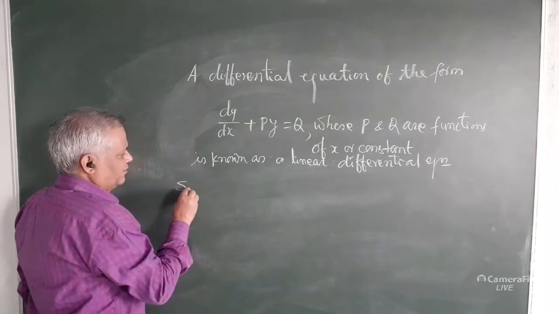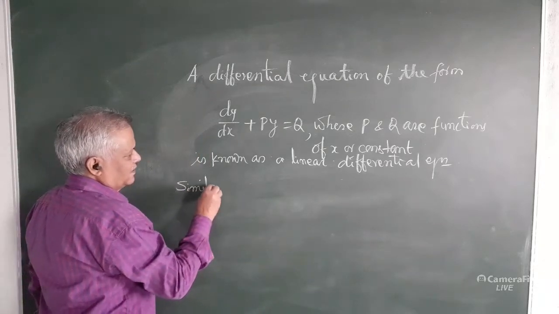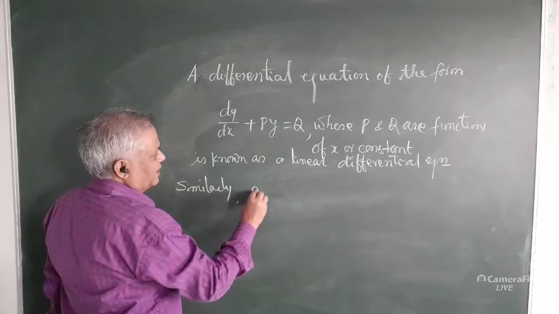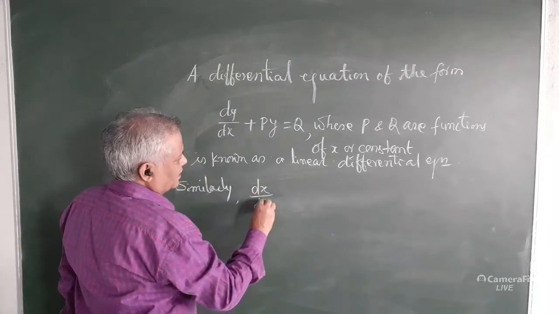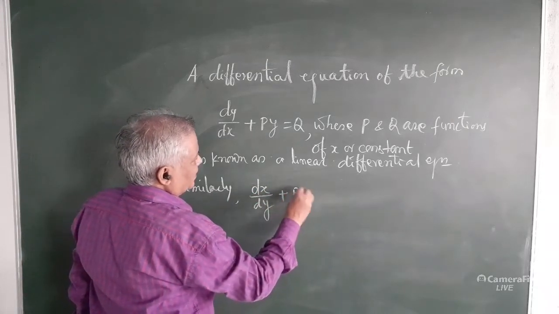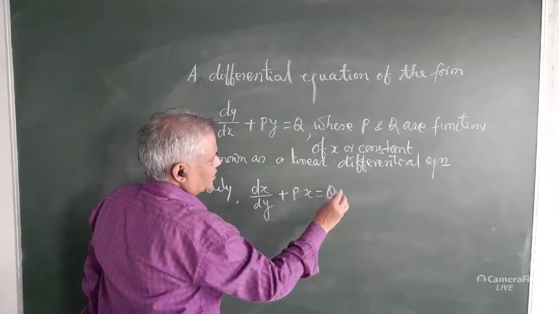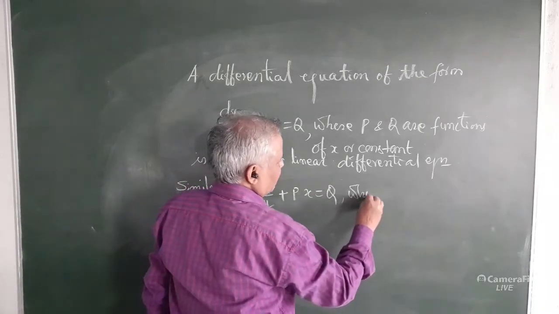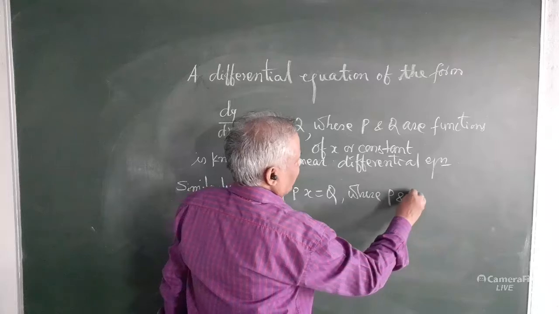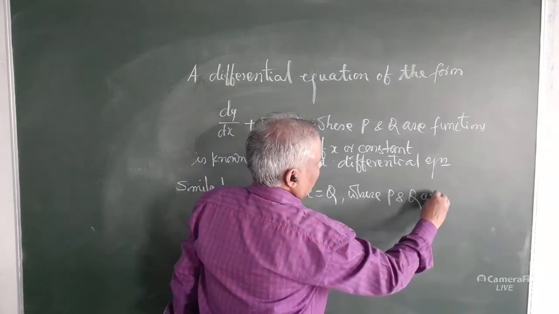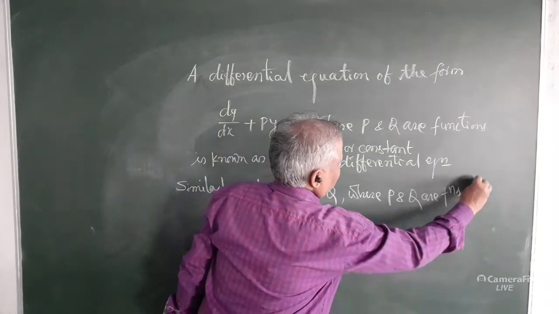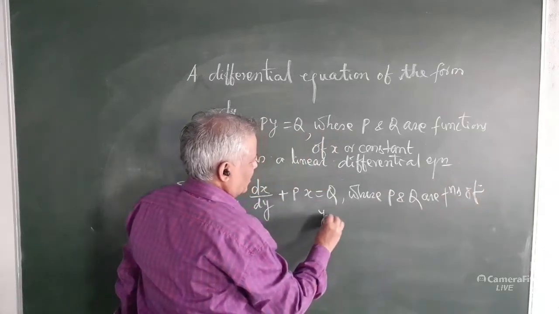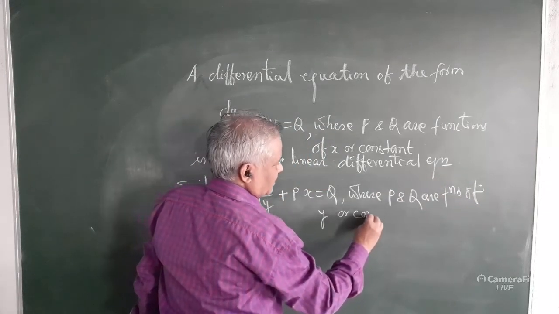Similarly, we have dx by dy plus px is equal to q, where p and q are functions of y or constant.